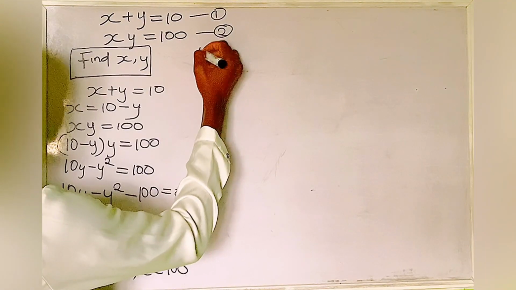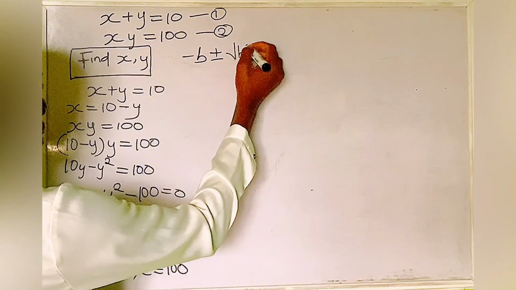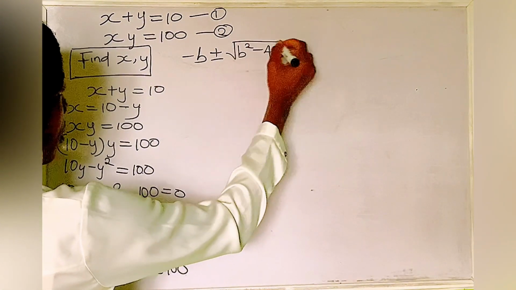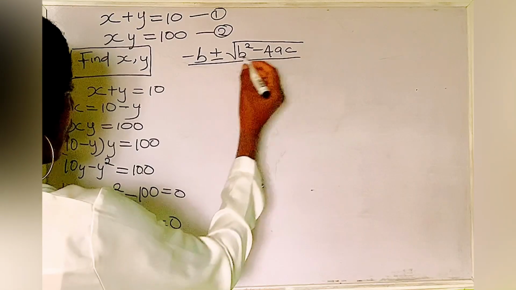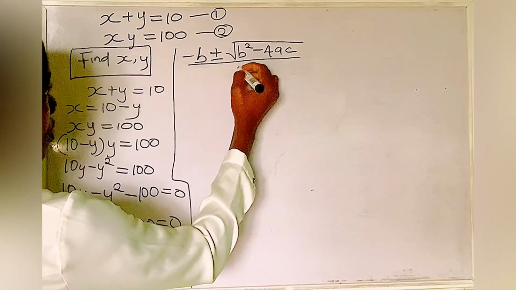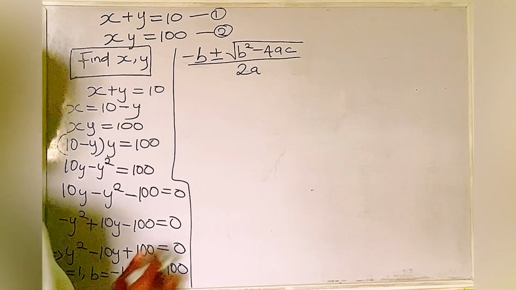We have that minus b plus or minus square root of b squared minus 4ac, all over 2a. Our b is negative 10.